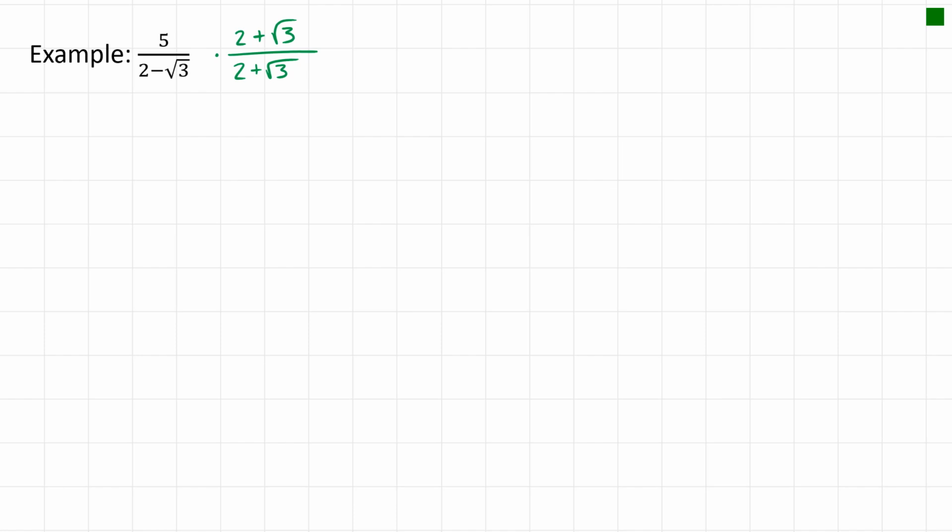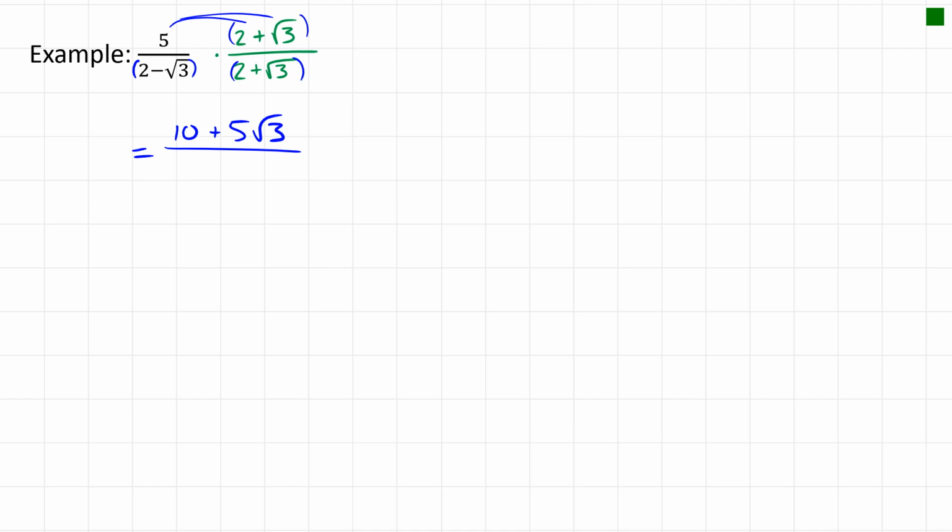Now be careful in these steps. On the bottom we have 2 terms, so let's FOIL those. And on the top we have 5 times 2 plus root 3. So we have to multiply 5 by each of those terms in the conjugate there. So 5 times 2 is 10 in the numerator. 5 times root 3 is just 5 root 3 in the numerator.